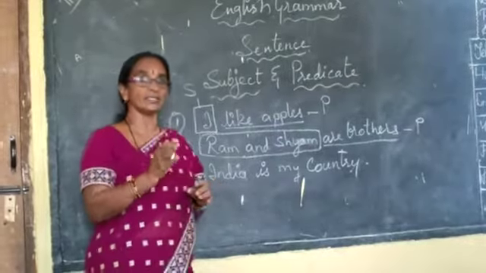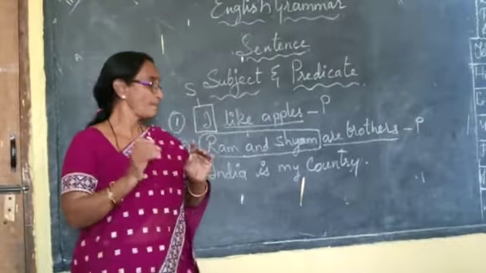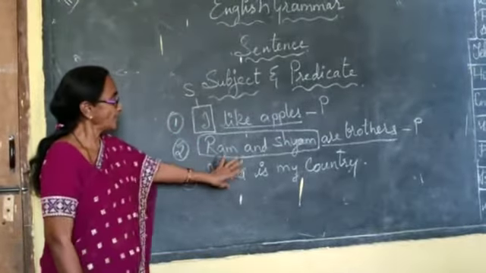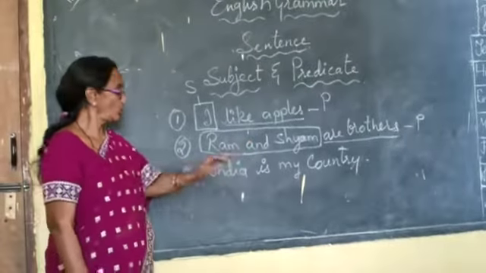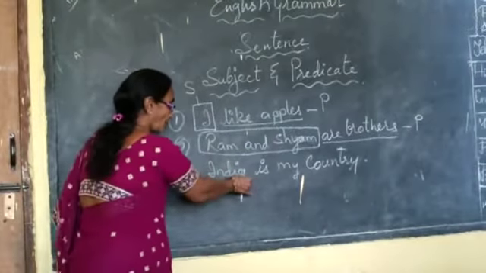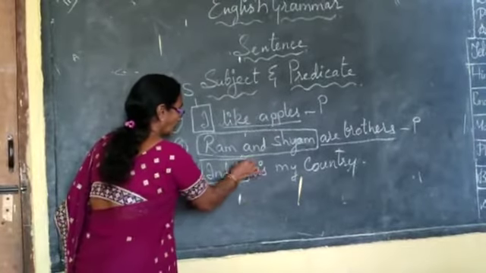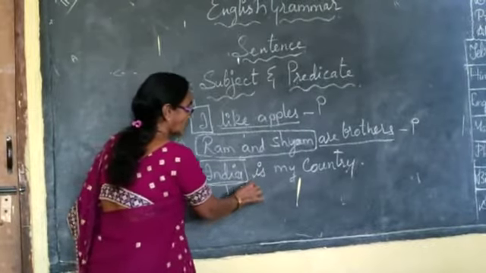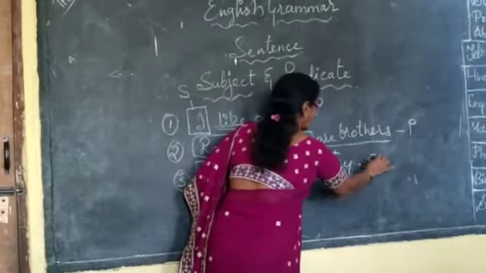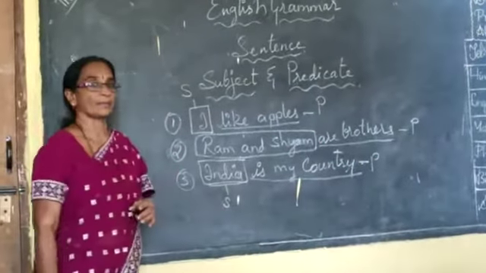So, a sentence is divided into 2 parts. Third one, India is my country. In this, we are talking about India. So, this is subject and this part of the sentence is predicate.